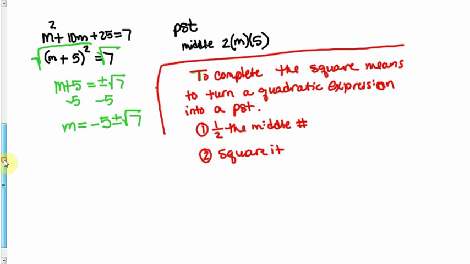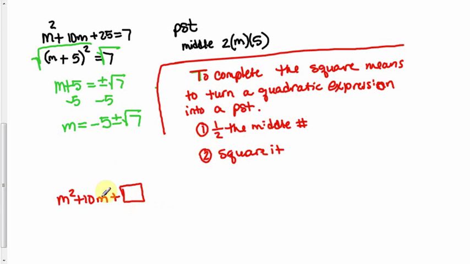So if we look back at this one, if I just had m squared plus 10m sitting here, and I said, what value can I put in this box that will make a perfect square trinomial? Now, I've intentionally chosen the same problem as I had up here as far as the quadratic part of it. I'm not worried about the equal 7 right now. I'm just looking at the quadratic part of it.